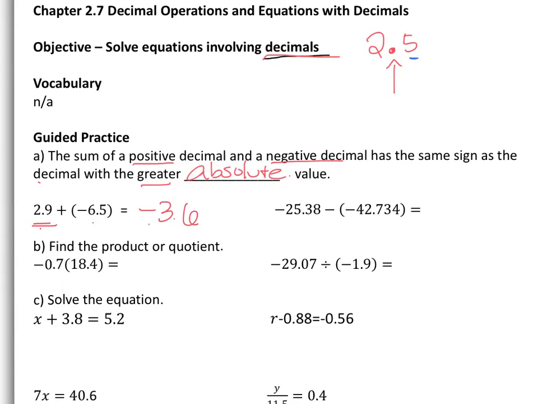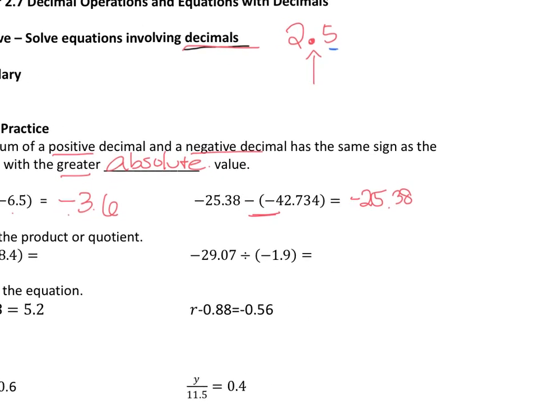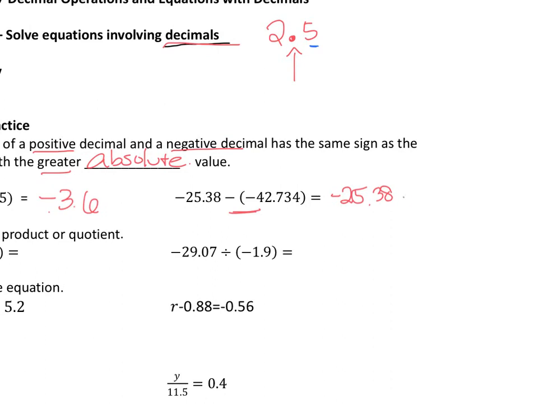For the next one, I will need to first change this to positive. Negative 25.38 plus 42.734. Remember, if you have a negative multiplied by another negative number, this will make positive.